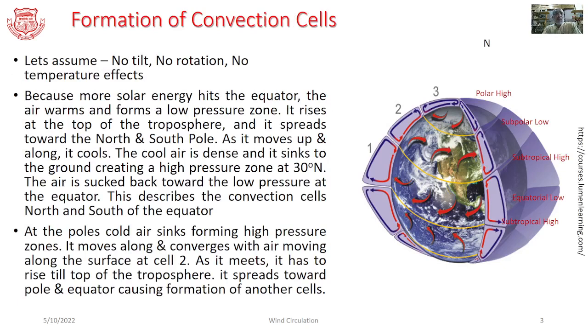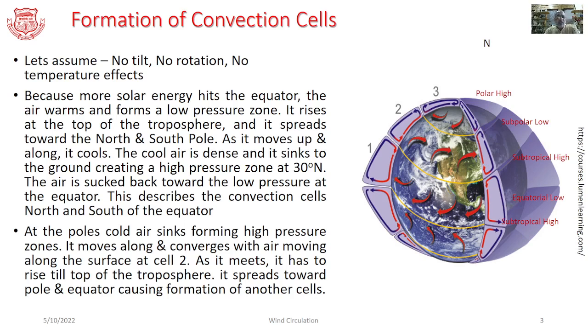Very similar to the formation of the pressure cells, we can discuss the convection cells. In order to have a better understanding, let's assume that there is no extraneous force in the form of tilt, rotation, as well as temperature.